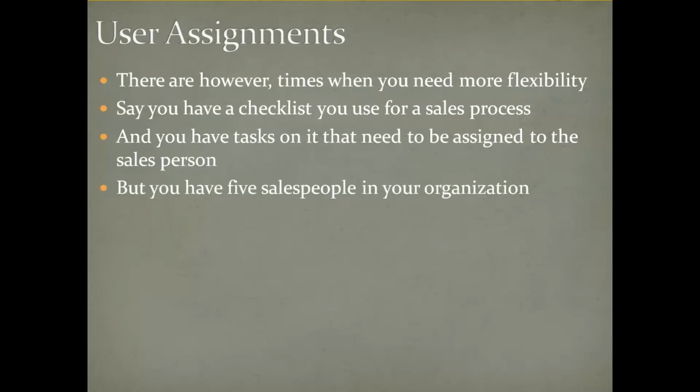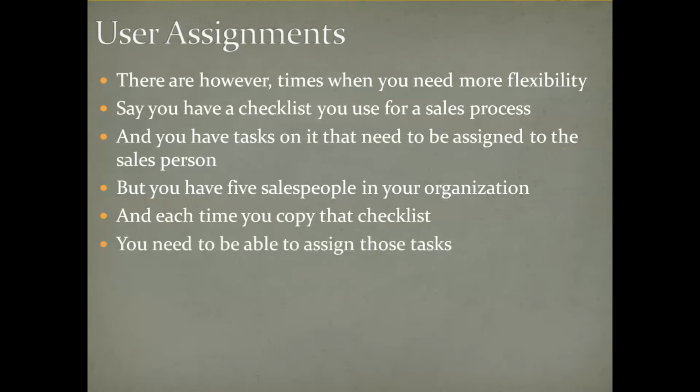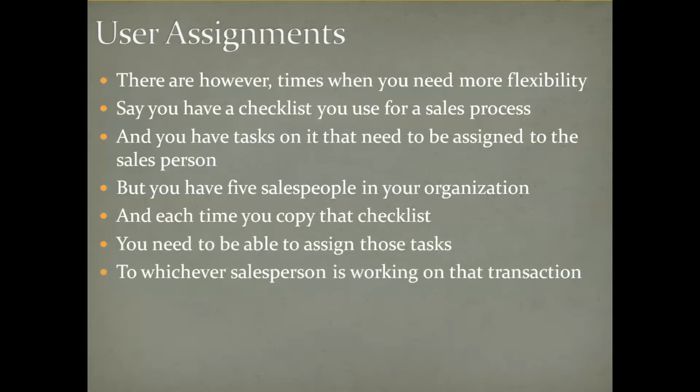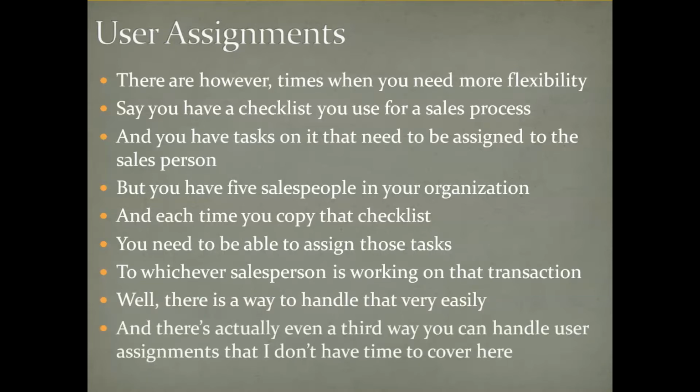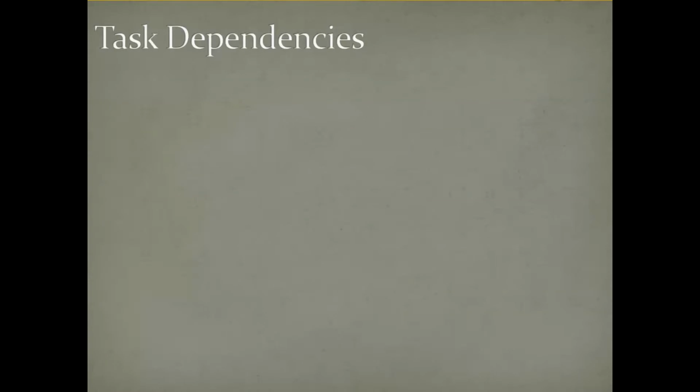But you have 5 salespeople in your organization, and each time you copy that checklist, you really need to be able to assign those tasks to whichever salesperson is working on that transaction. Well, there is a way to handle that very, very easily, and there's actually even a 3rd way you can handle user assignments that I don't have time to cover here, but I will in another video.